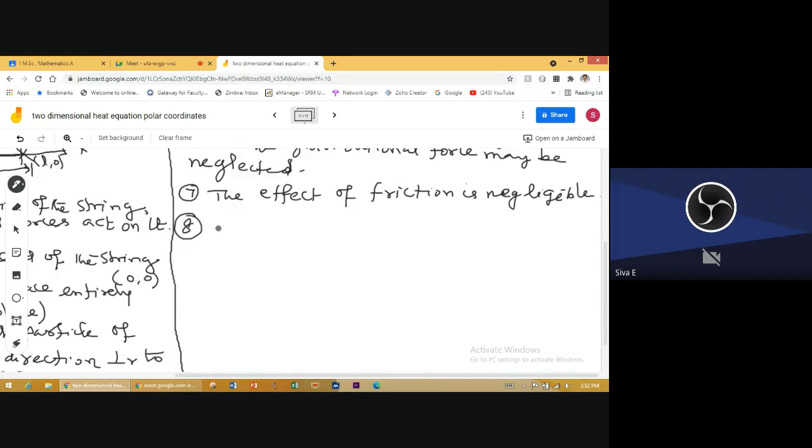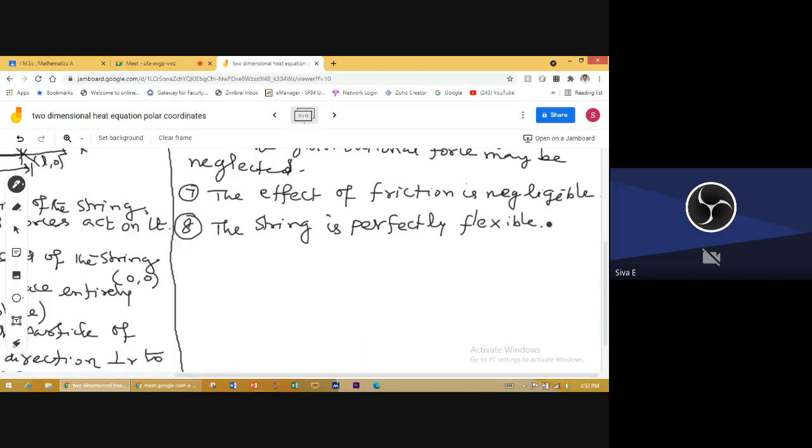Eighth point is the string is perfectly flexible.